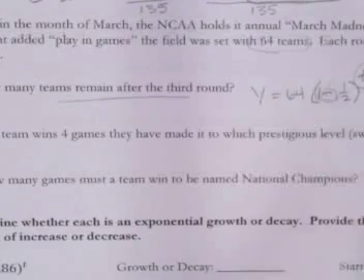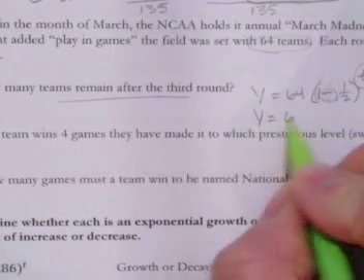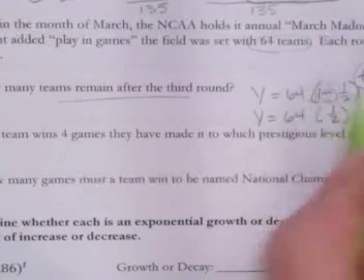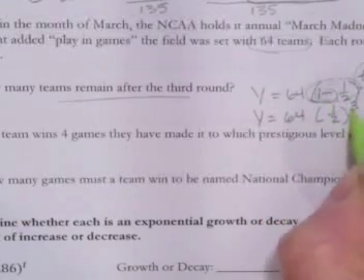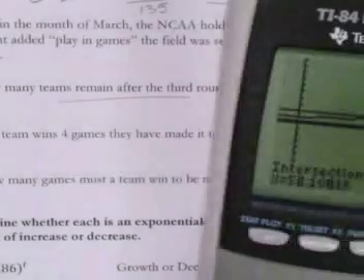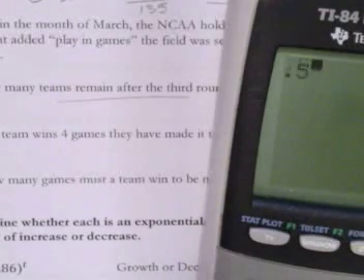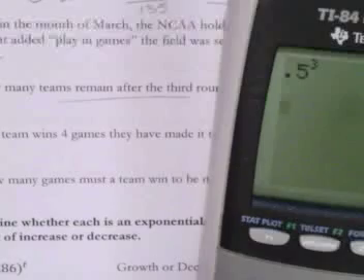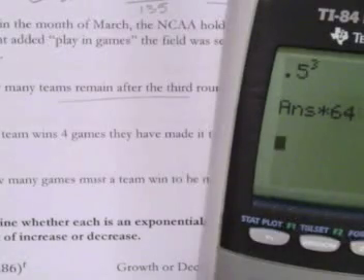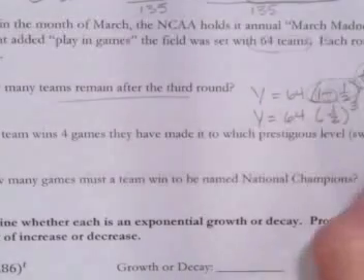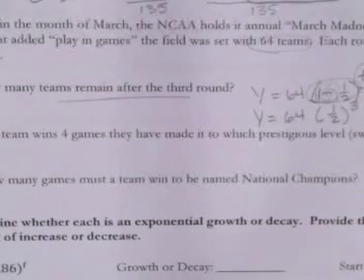I want to put 3 in for T. Y is equal to 64 times 1/2, and I'm just going to simplify this, to the third power. So I would use my calculator and I would say 1/2 to the third power, and then I would multiply that times 64 and find that 8 teams remain. So that's my Elite 8 after 3.